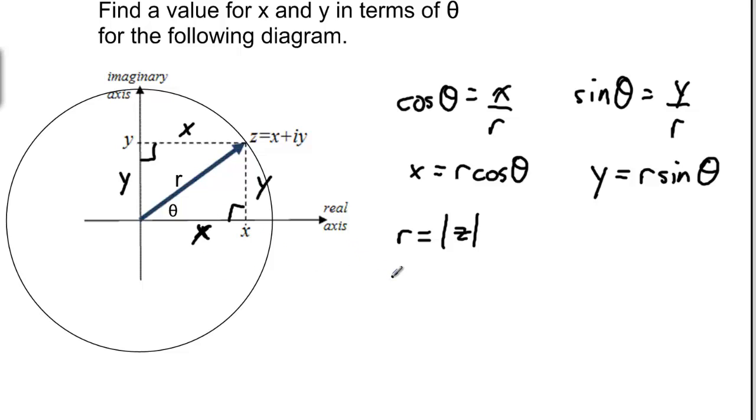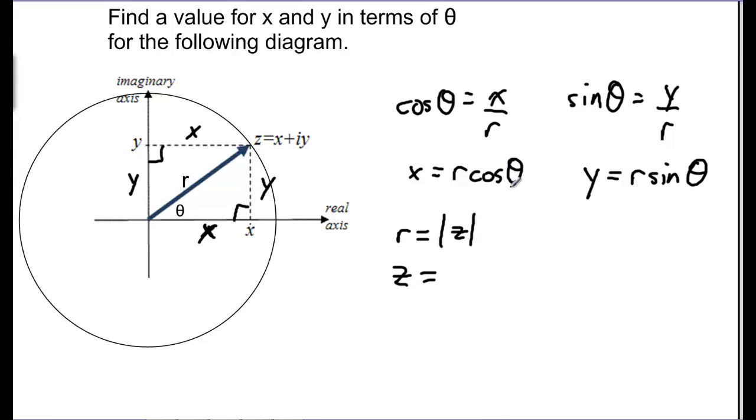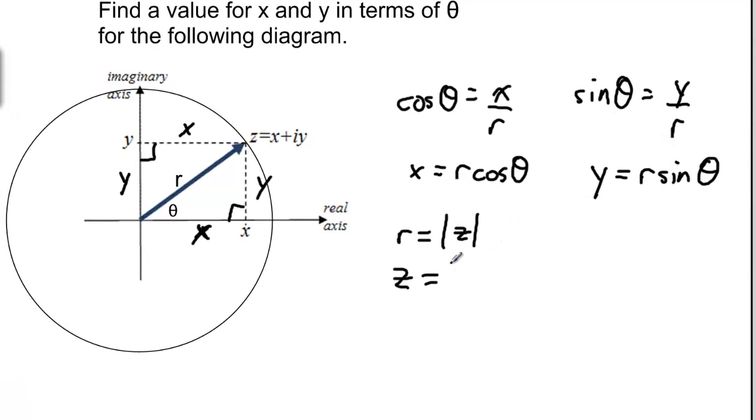So now if I can use that for r, see x is r cosine theta, we're going to put in the modulus of z instead, modulus of z cosine theta, plus i times y. Y is r sine theta, so I'm going to put in the modulus of z sine theta. And we're going to factor out the modulus of z.